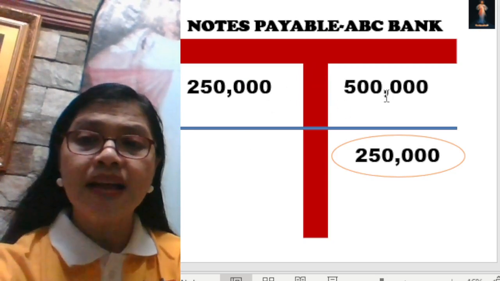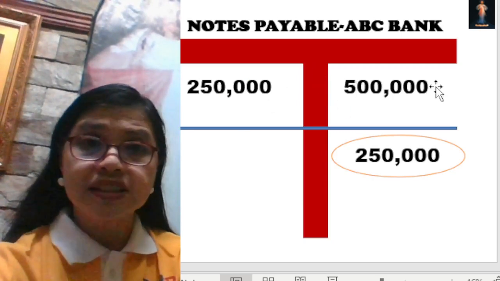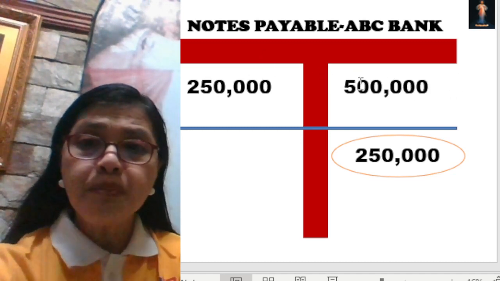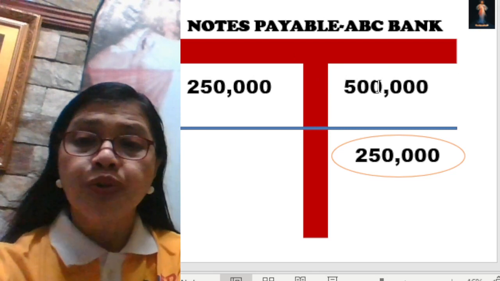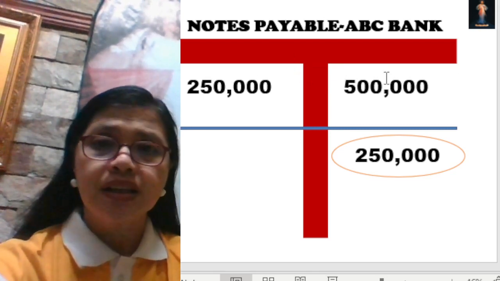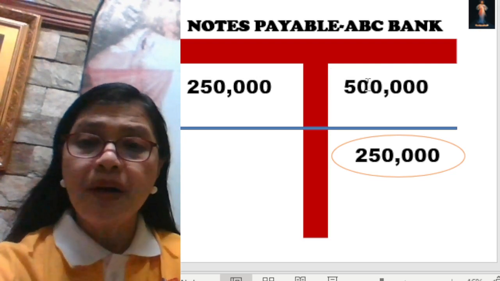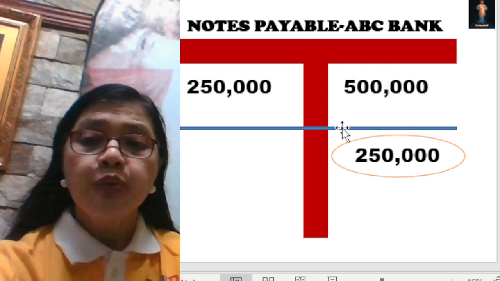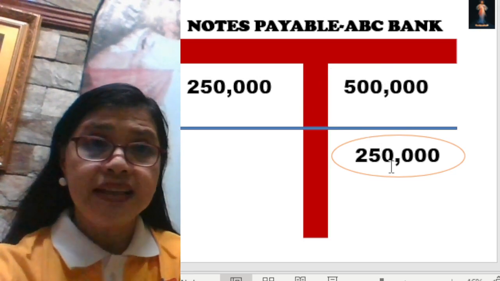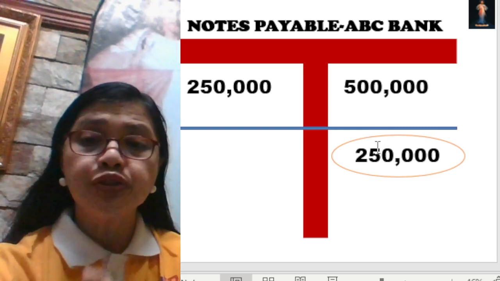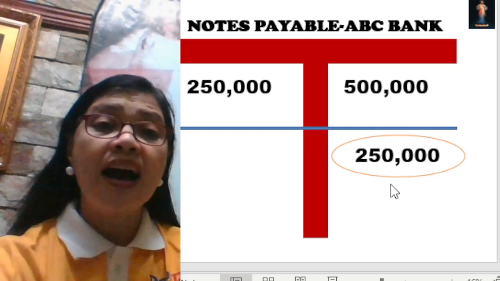First, you borrowed money, that is the 500,000 here, and then you paid half. So when you paid half, what is the effect? You reduced your liability by 250,000. So since the higher amount is on the credit side, 500 minus 250 will be put on the credit side, because when you get the balance, it should be on the side which has higher value.